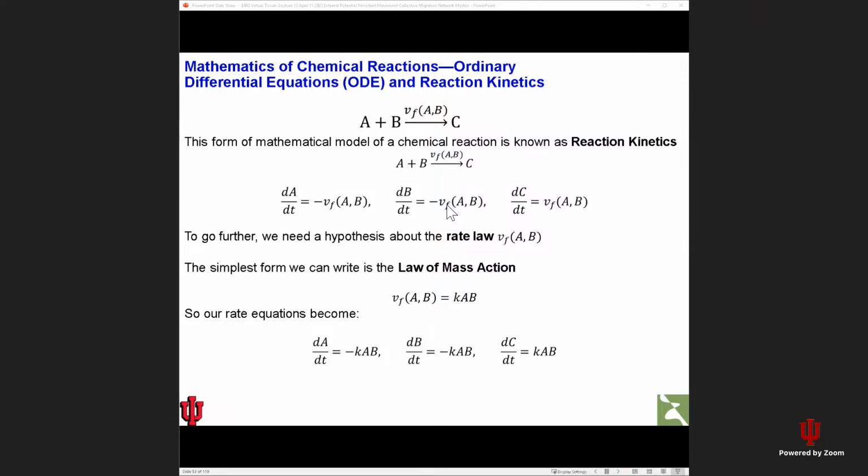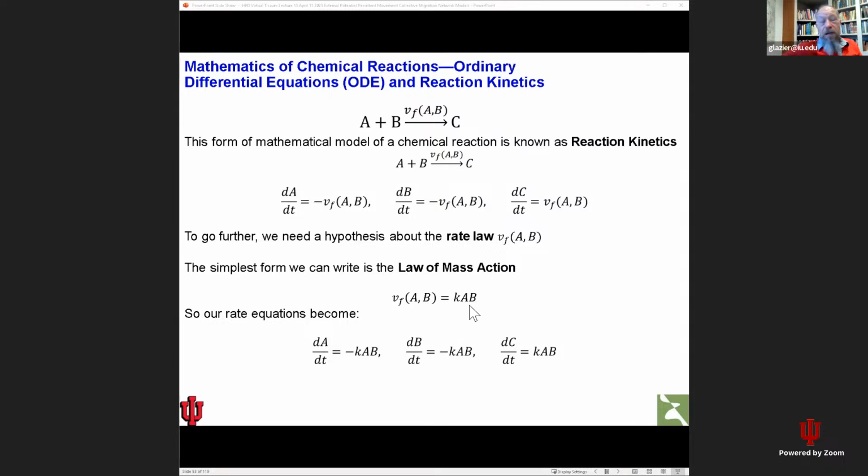Similarly, if I have no B, the rate at which they combine better be zero. And so I need a function that's zero when A is zero or B is zero. In other words, it's non-zero when A and B are both non-zero. And the simplest functional form that has that behavior is k times A times B.